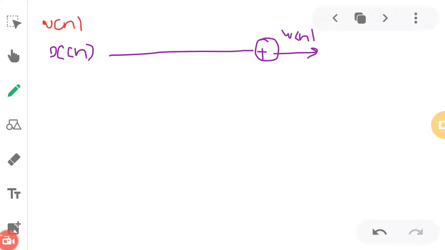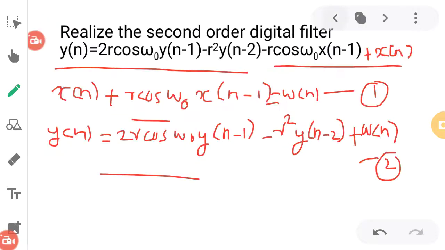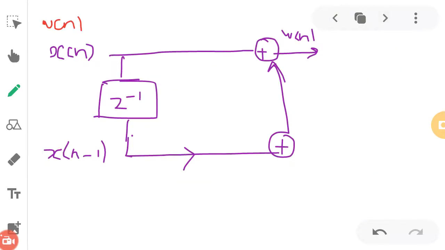How will we get x of n minus 1? We have to take the Z inverse. Then we are getting x of n minus 1 with r cos omega 0, and this we will add with this thing. Okay, like that we will get w of n.